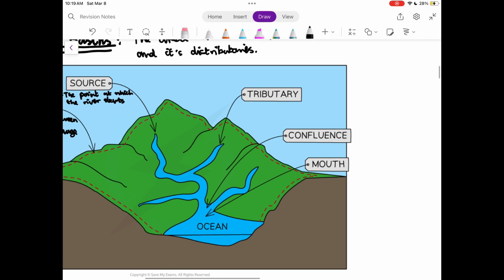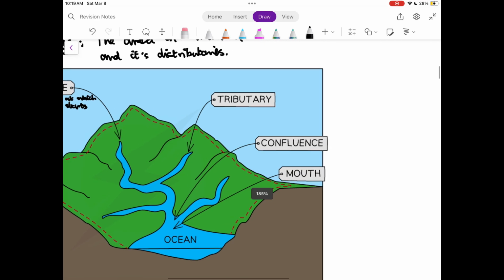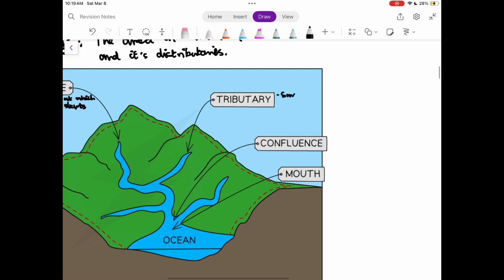The second thing you need to know are tributaries, and these are smaller streams that join the main stream at a confluence.